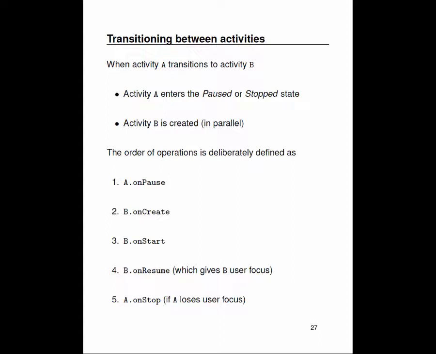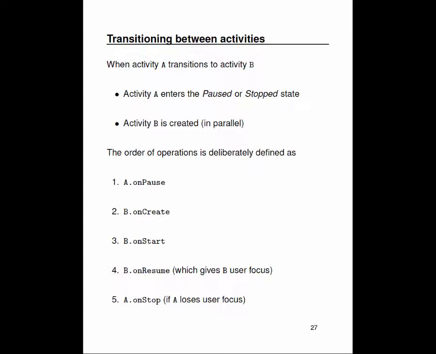So let's say you have activity A that transitions into activity B. A will be paused, or stopped, depending on, well, I'm not sure why. And then B is created. B starts up, receives the intent, and can handle things. But here's the order in which things happen. First, A is paused, so its onPause callback will be invoked.